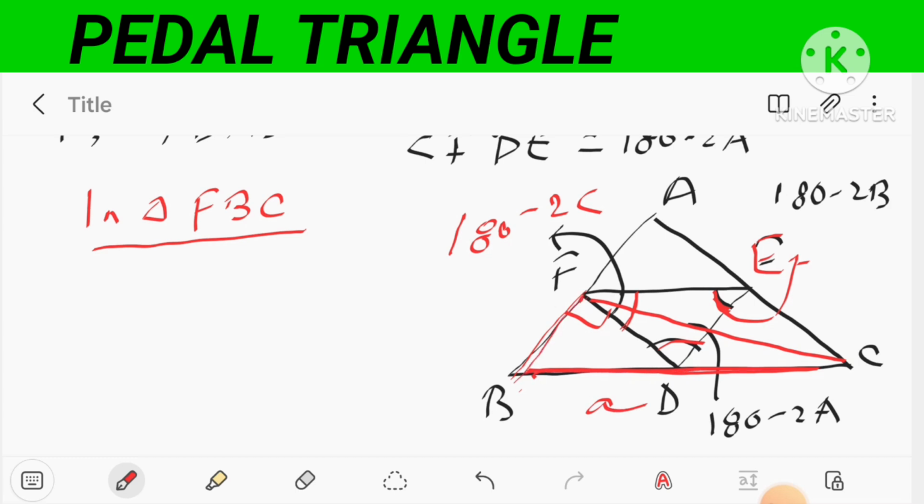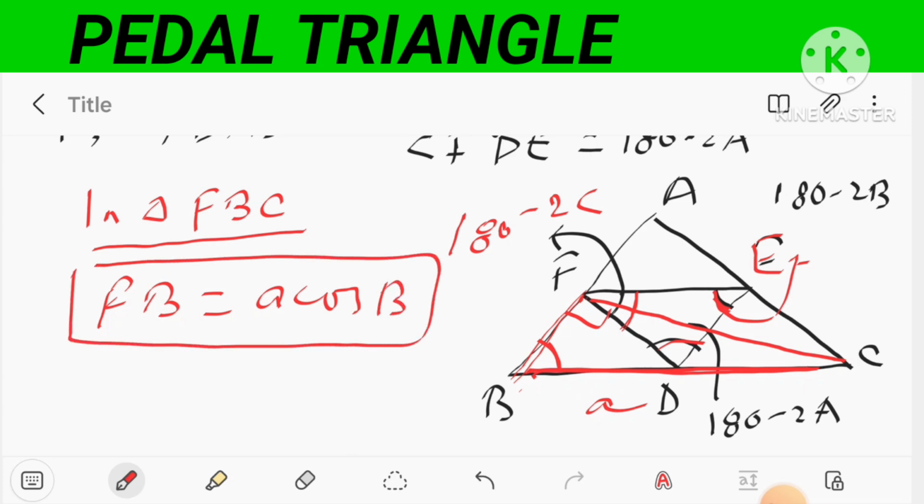So FB is equal to, since this angle is B, a cos B. So in triangle FBD, this angle is equal to A.